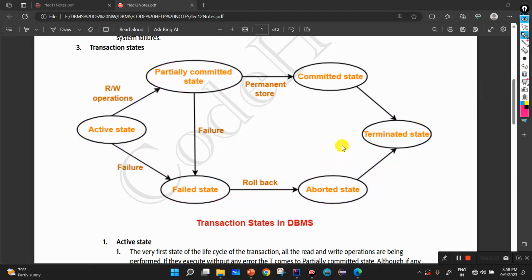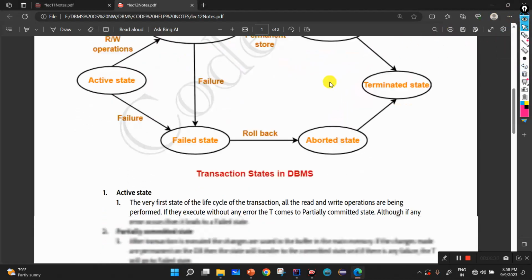The important thing is: active state, then partially committed, and after that if there is no failure, it is permanently stored, and finally the committed state, and after that there is only a single way, the terminated state. So you have to learn this chart because it's very important.